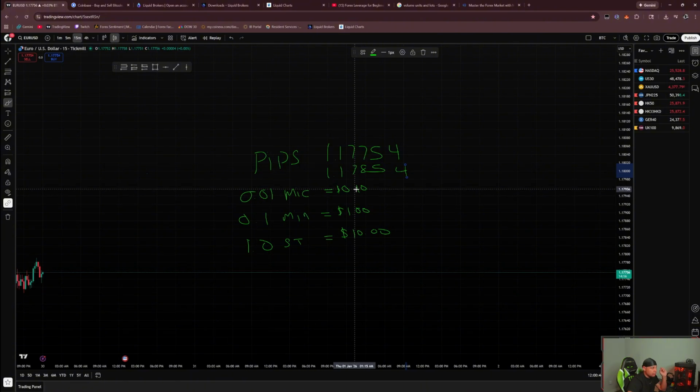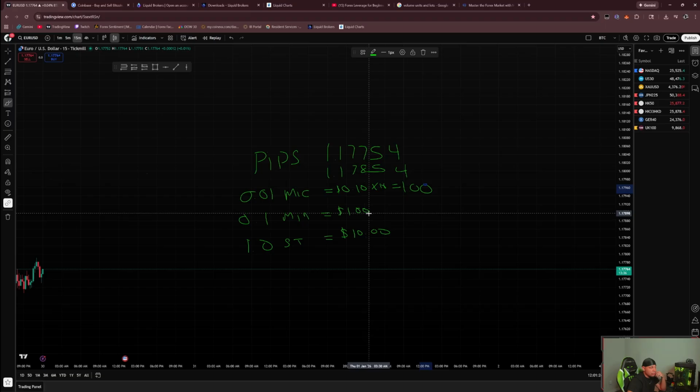So technically the micro would be 10 cents per pip, the mini would be $1 per pip, and the standard would be $10 per pip. So if we're using this example above and we went positive 10 pips with a micro lot size, we made $1. 10 cents times 10 pips equals $1, right?